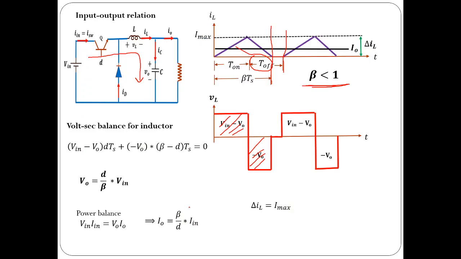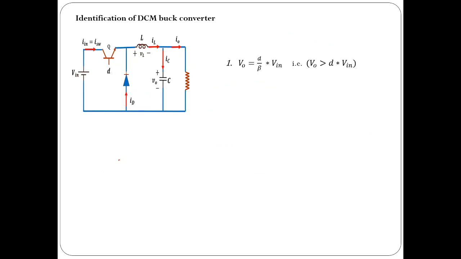In discontinuous current mode, V0 is equal to d by beta into Vin, where beta is less than 1. So in this case, V0 must definitely be greater than d into Vin. That is more than the possible voltage for continuous current mode operation. So you should be very careful about this particular point. You have to verify whether the operation of the buck converter corresponds to continuous current mode or not.